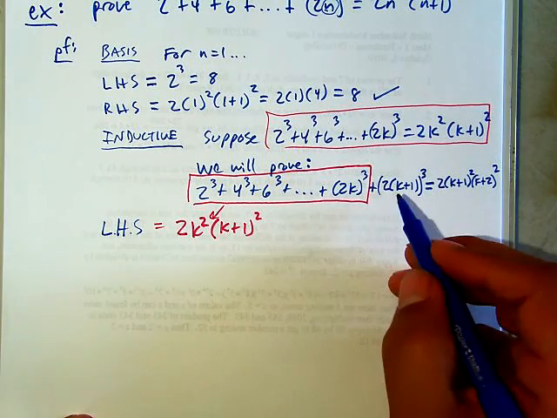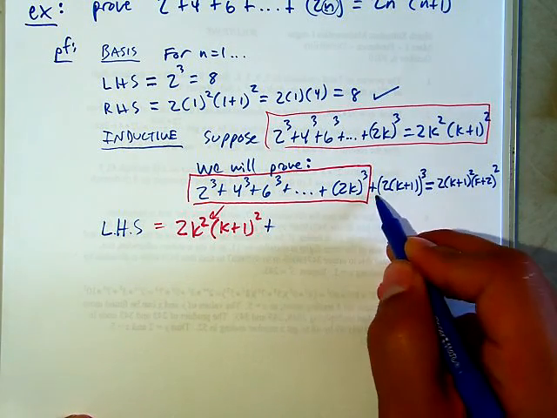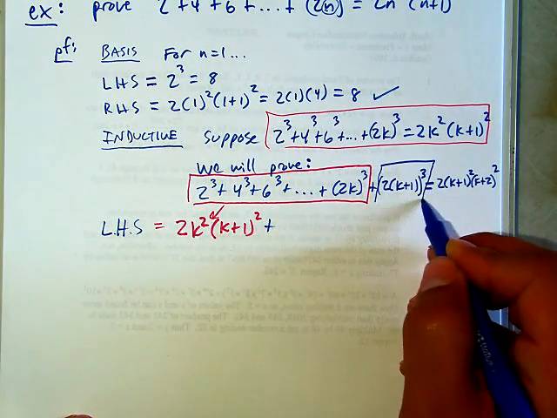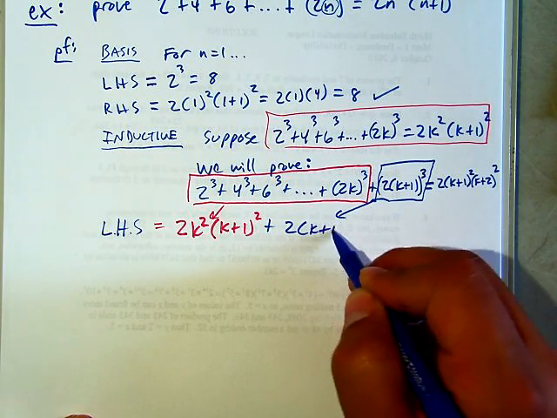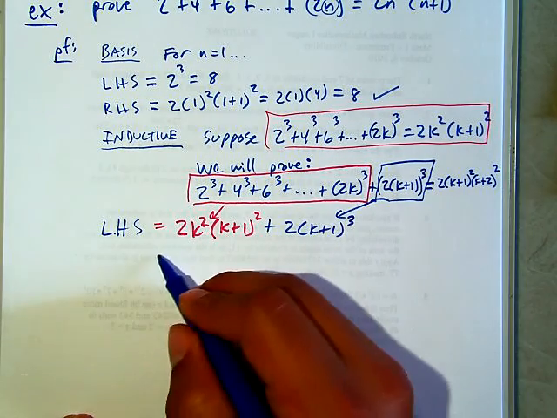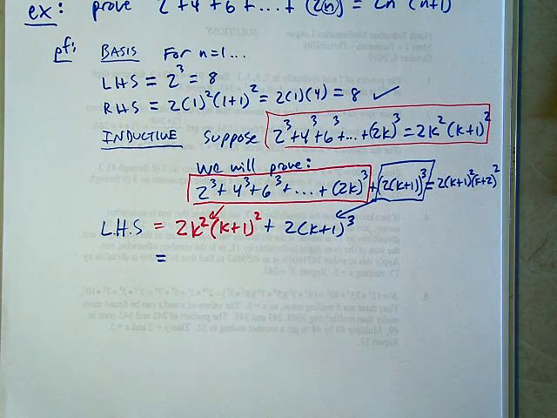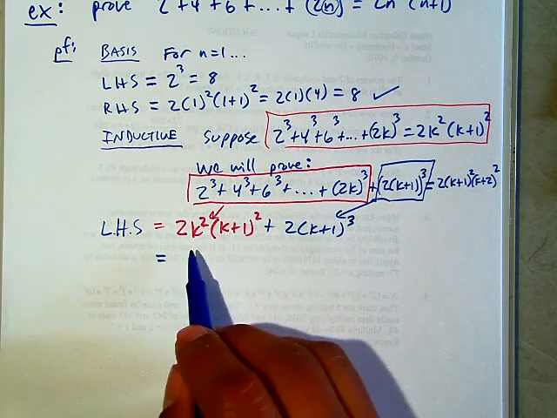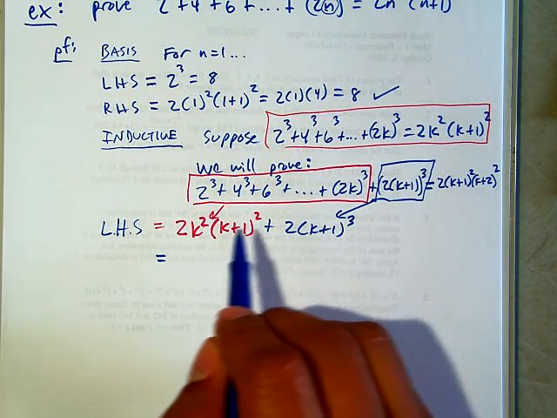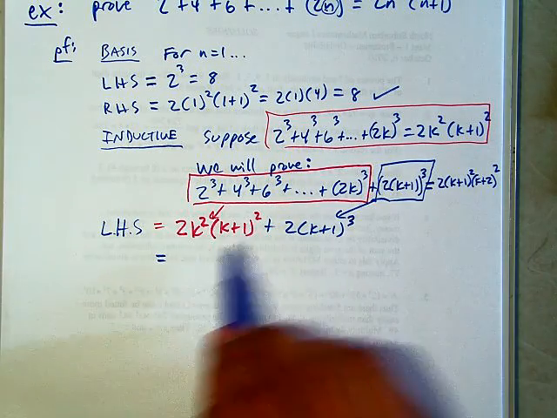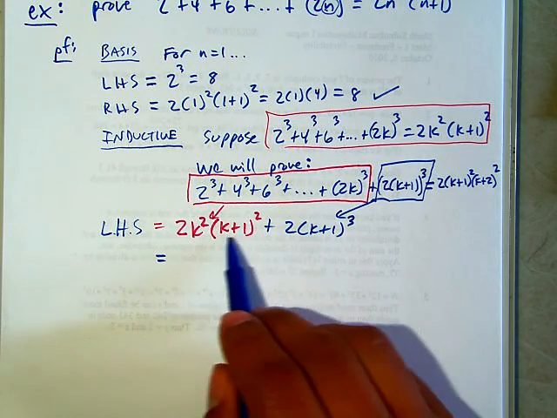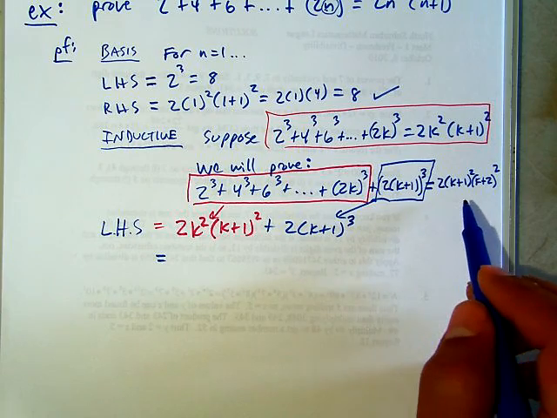Bring down the next term, because I haven't done anything with that yet. Okay, and our job is to take this left-hand side, which we've currently replaced a lot of with the induction hypothesis step, and turn it into the right side.